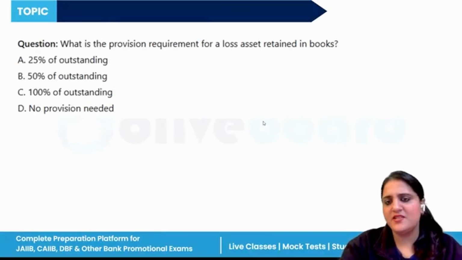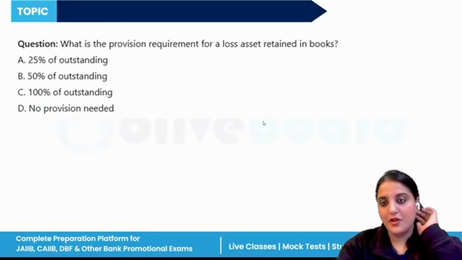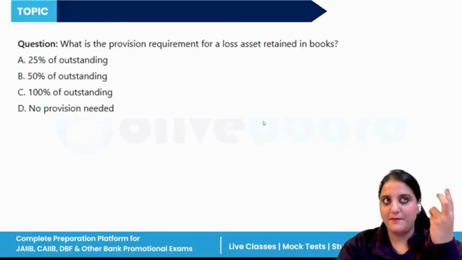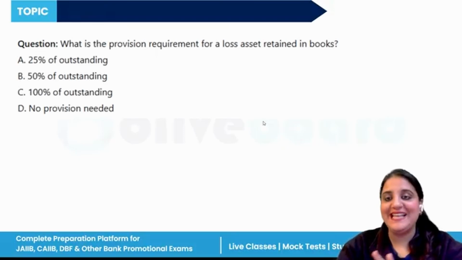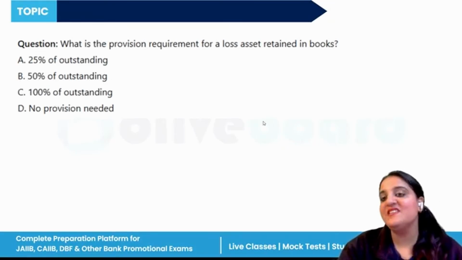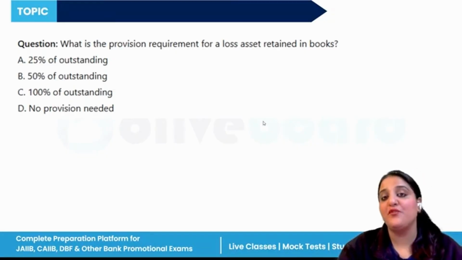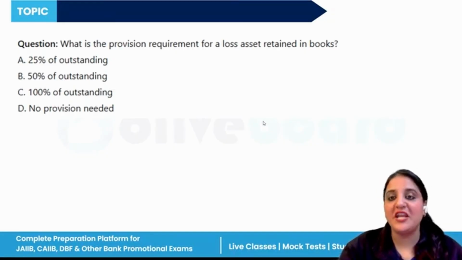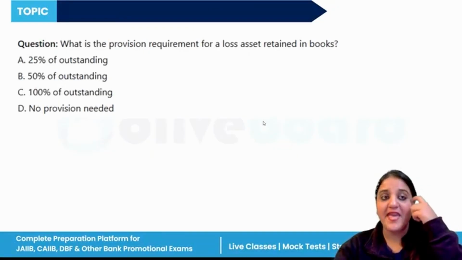Let's take the example of your branch in Hyderabad. Now, three borrowers are there: Mr. Singh, substandard; Mr. Mehta, doubtful; Mr. Das, loss. These have been classified as NPA. You notice the bank is losing interest income and also needs to make provisions to cover the potential losses. How should the bank account for this?